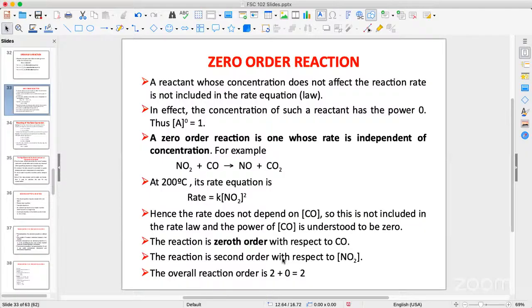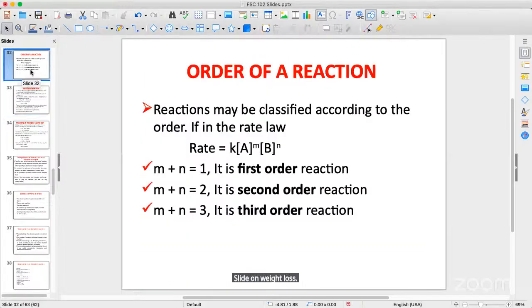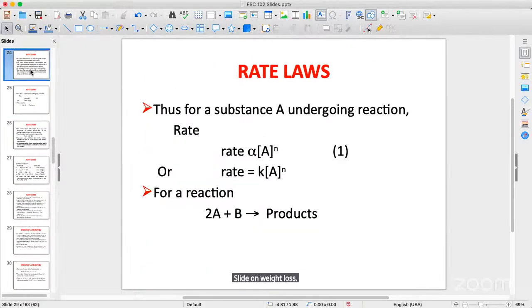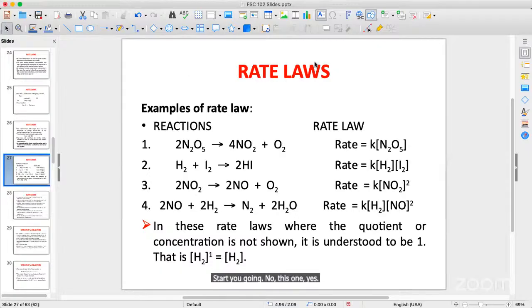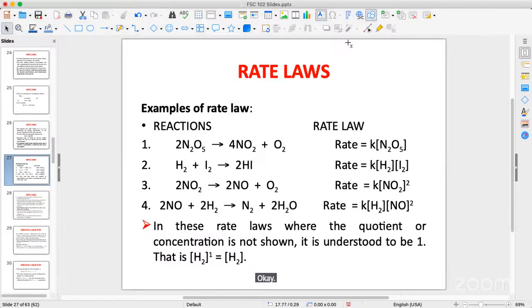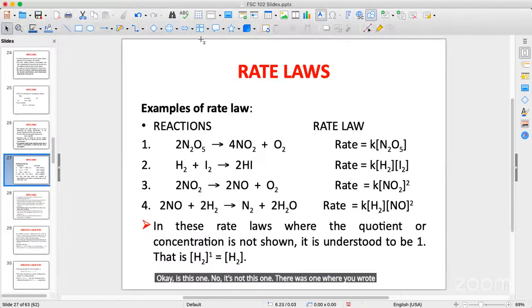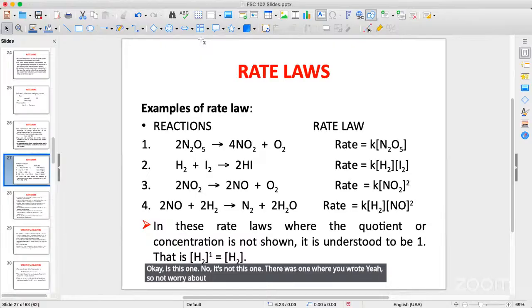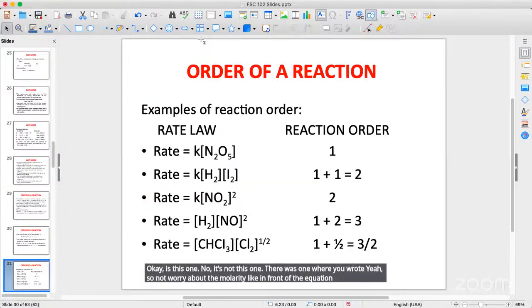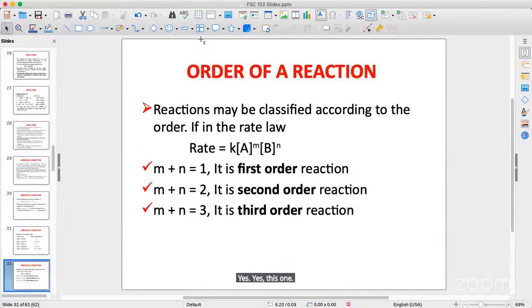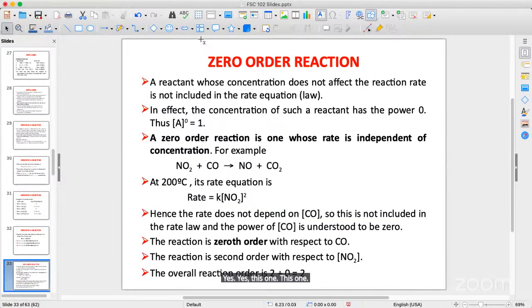Please, can you go to the rate law slide? That's our first slide. No, you passed it already, keep going. There was one where you wrote the molarity in front of the equation. Is it this one?